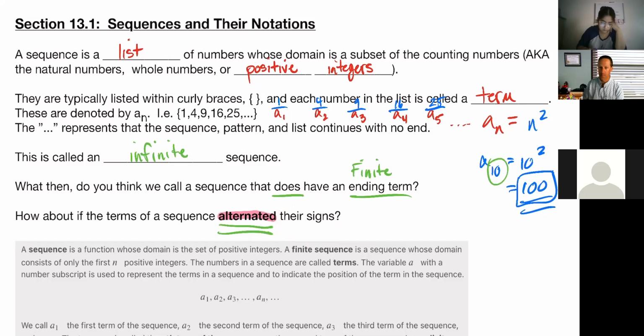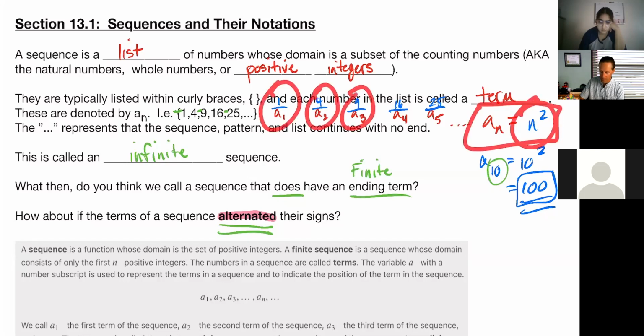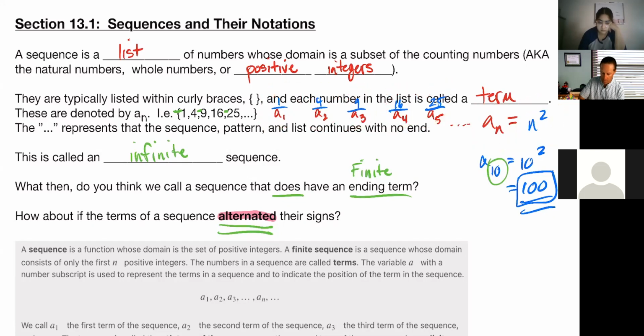So if I wanted to mix it up a little bit right here, and I say, all right, well, I'm going to actually start with a negative and then go positive, then negative, positive, negative. What would I have to change to this formula here that we came up with to find all of these if they're going to alternate from a negative to a positive to a negative to a positive to a negative? What obviously has to be involved?